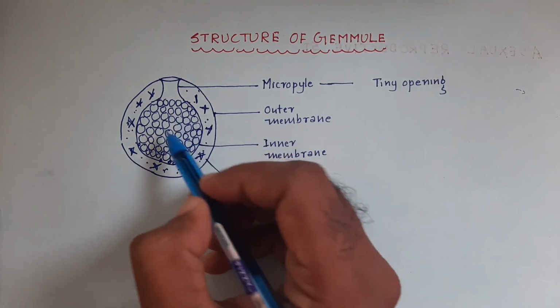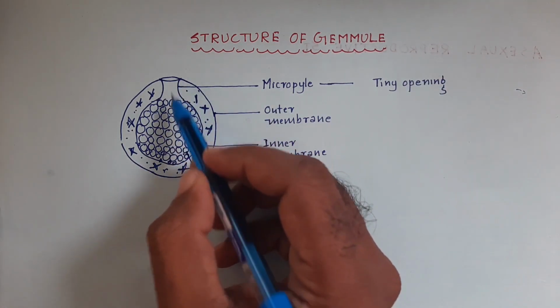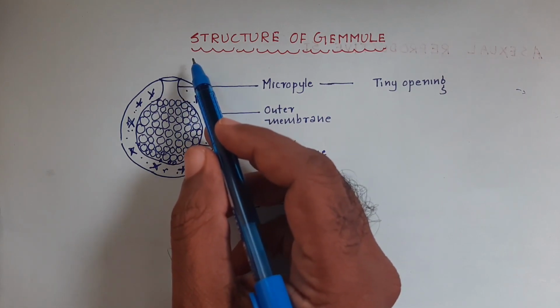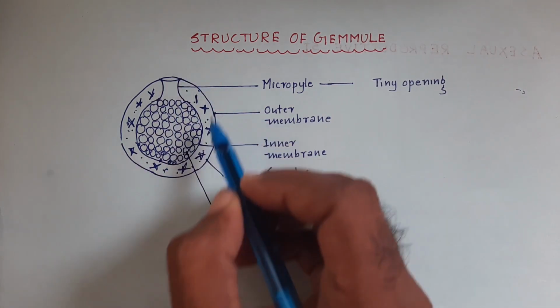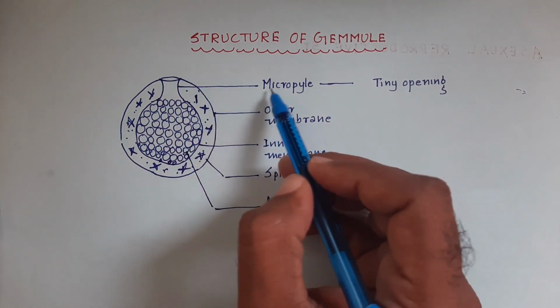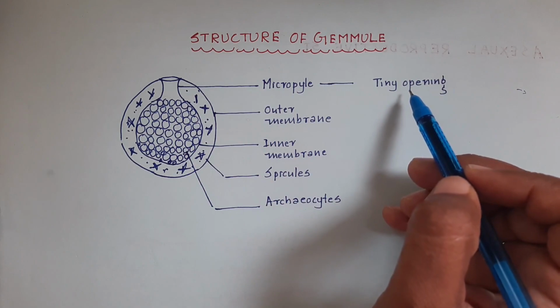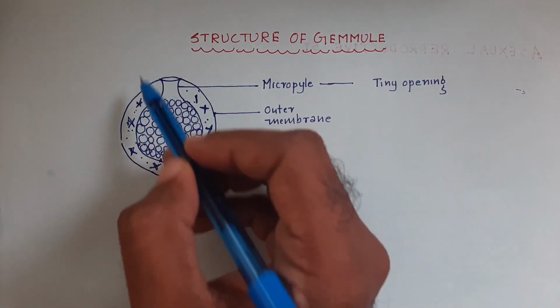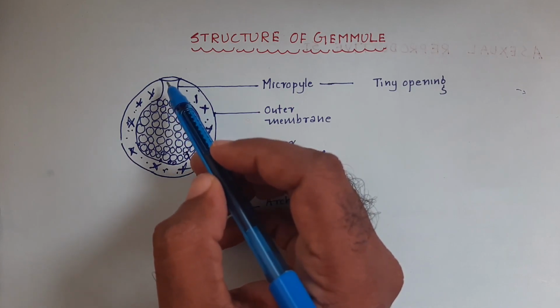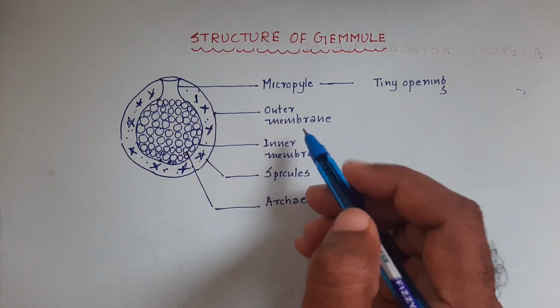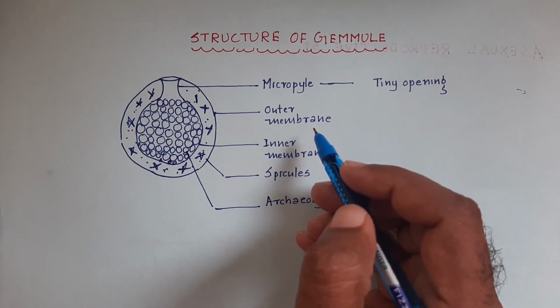When conditions are favorable, these archaeocytes come out through this opening. So the micropyle is a tiny opening through which the archaeocytes, during favorable conditions, come out and develop into a new sponge.